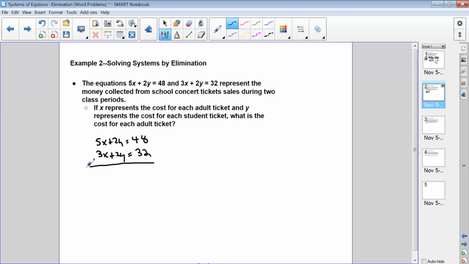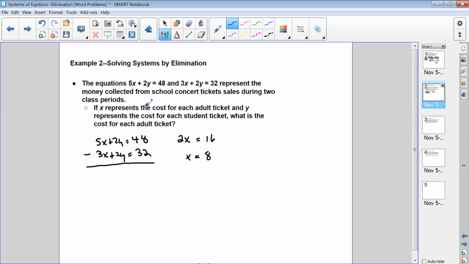Notice that the y values have the same coefficients. I'm just going to go ahead and subtract those. 5x minus 3x, you're going to get 2x. 2y take away 2y goes to 0. 48 take away 32, you're going to get 16. So x is equal to 8.